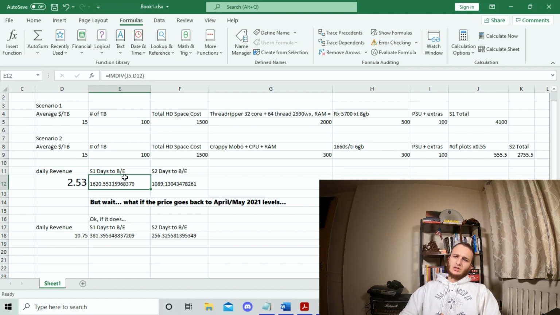We have to actually do some math in our heads now. I could have converted that into years or months, but it's about 4 years, so it'll take you 4 years to get your money back.